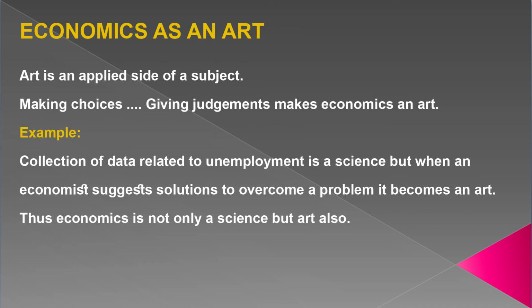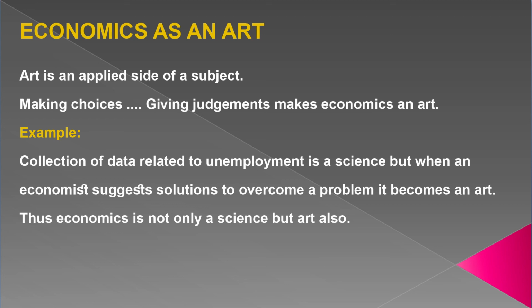Economics as an art. Art basically is the applied side of a subject. Modern economists agree that economics has an art side too. What is art? Art is making choices and giving judgments, and giving judgments makes economics an art.